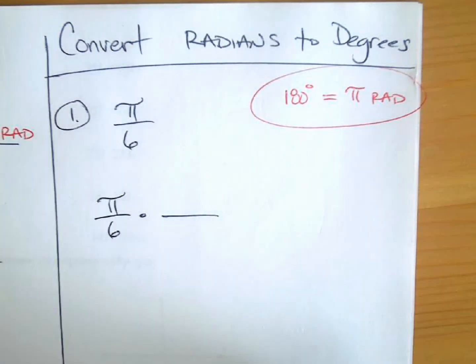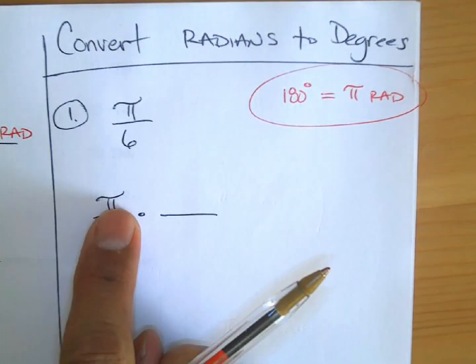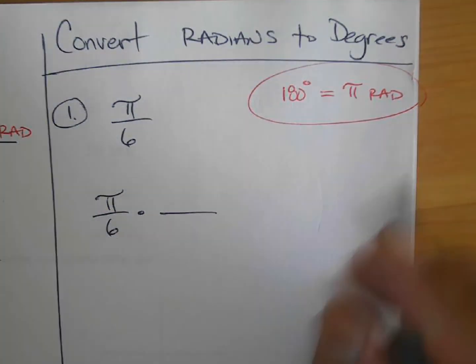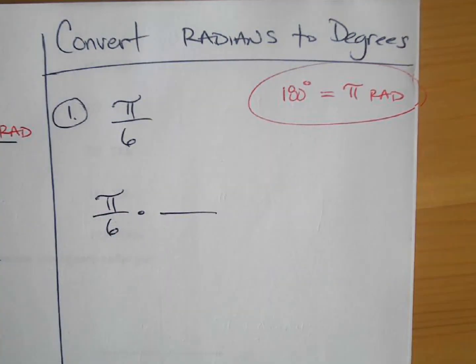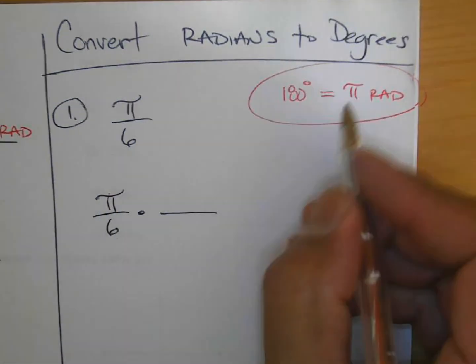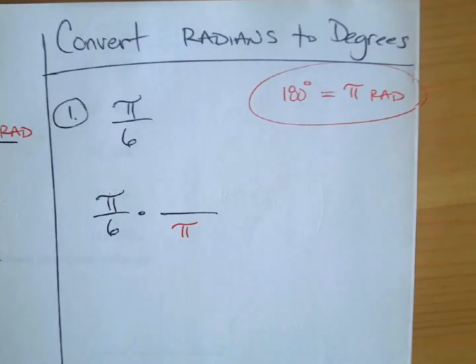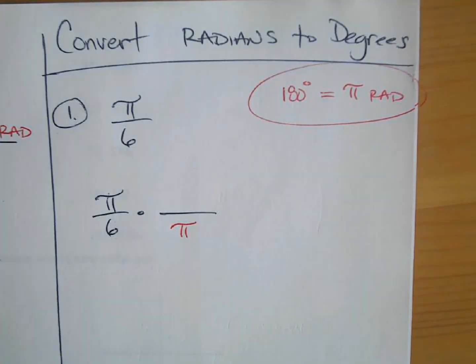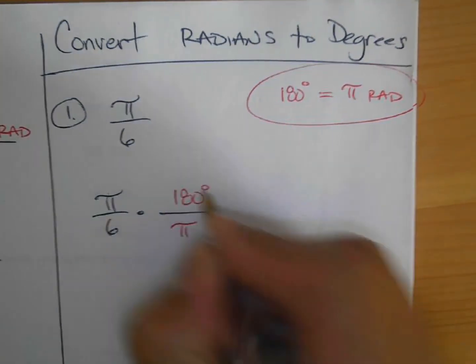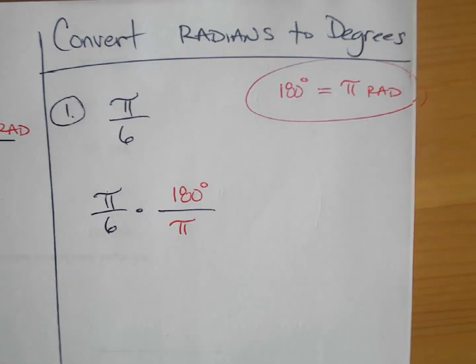Remember that? But in this case, you have pi on the top. So guess what? If this pi is on the top, that means this pi radian is in the bottom, and then the 180 comes on top.